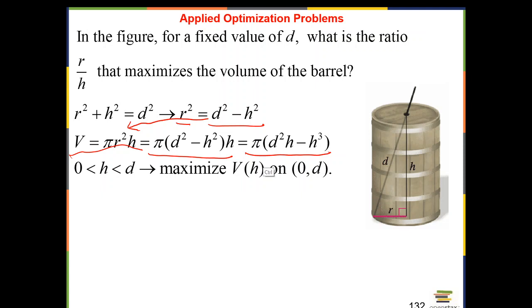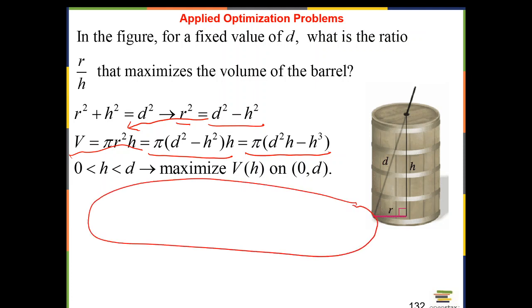Now, what can H be? Well, H cannot be bigger than D, obviously, because D here is the hypotenuse. But you could imagine a barrel that is really, really wide. So H is really, really small, but R is really big, right? So it's possible for that.